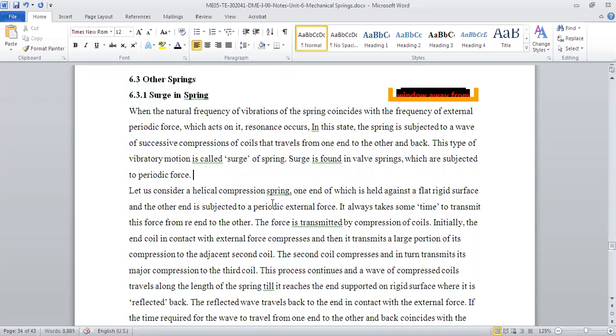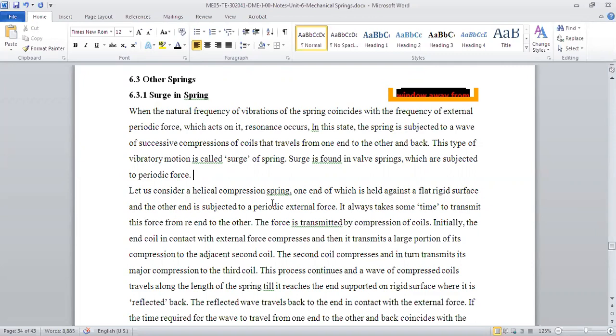That means it will not allow it to go up beyond a certain point. It will have some kind of safe fail system. It will break the fuse or something like that, and it will stop working. But it will not allow that high voltage or surge in your current to pass and damage your electrical equipment. So similarly, in springs also something called a surge is there. Now, what is this surge?